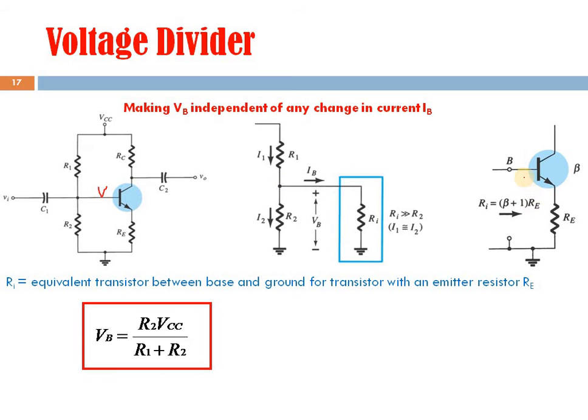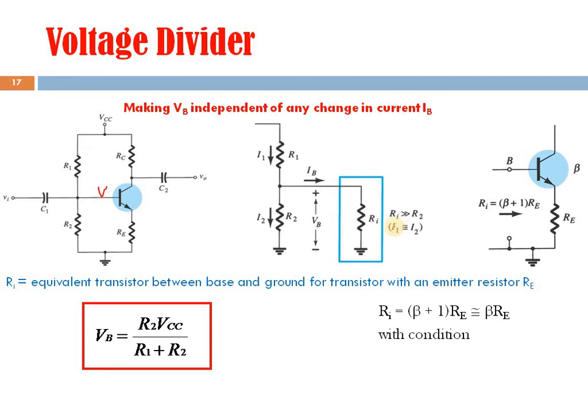And this Ri, which is present between this base terminal and ground, is something like beta plus 1 into Re, and that way this Ri is approximately equal to beta into Re, because beta is very large as compared to 1.